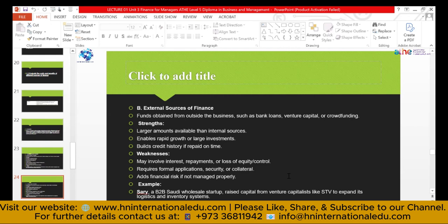It requires formal application, security, or collateral. What is it? Formal applications: proper paperwork is required to grant the loan, and until and unless you complete it, you cannot proceed. Security: whenever we take a loan from a bank, we need to give security.